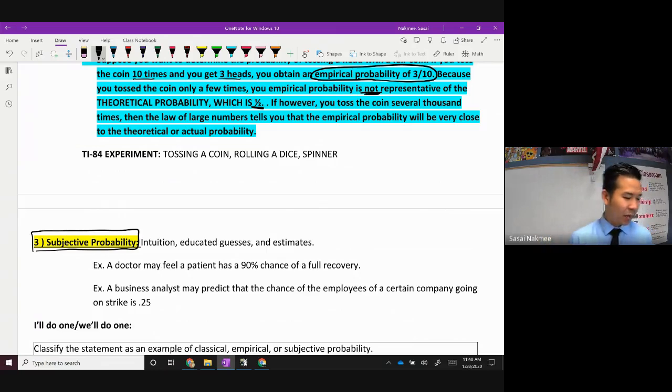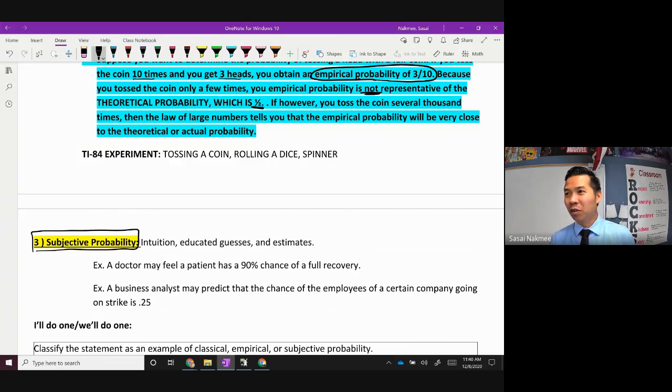An example of this could be a doctor, right? The doctor may feel a patient has a 90% chance of a full recovery. But this doctor is doing this based off of his intuition or his educated guess because he's never had a patient that's exactly the same as the patient he has right now. So it's impossible to say based off of old empirical data. And you can't do this classically because there's no theoretical probability like, you know what?